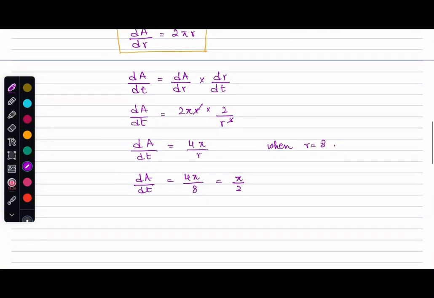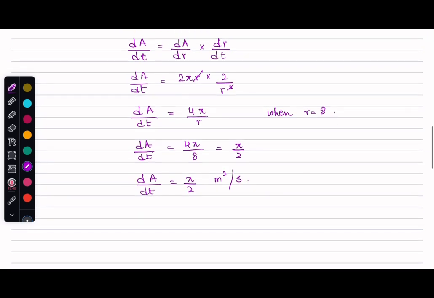So our dA by dt in exact terms shall be equal to pi by 2, and the unit for area should be meters squared per second. Or in decimal values, I can say that dA by dt is equal to 1.57 meters squared per second, up to 3 significant figures. So this is how simple it is to get the connected rates of change.